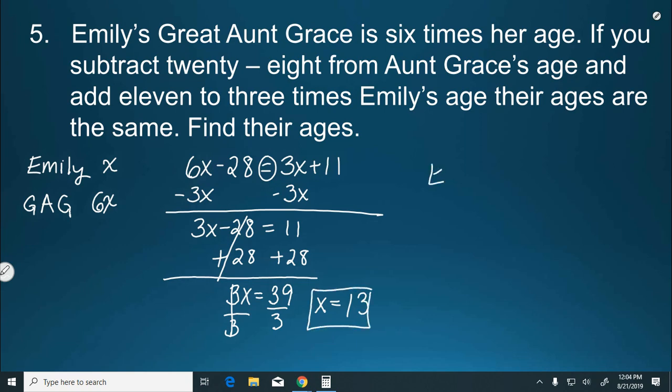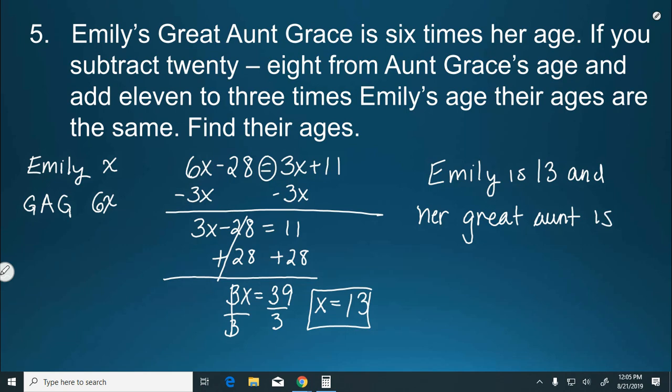So Emily is 13, and her great aunt is 13 times 6. 6 times 3 is 18, carry the 1, 78 years old.